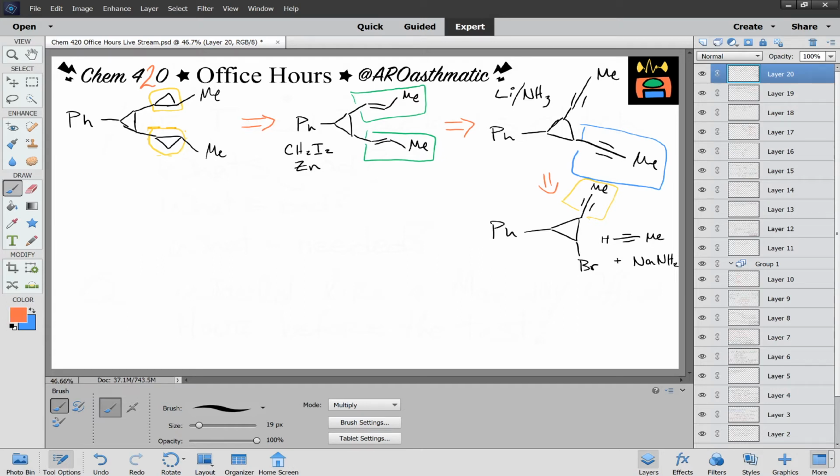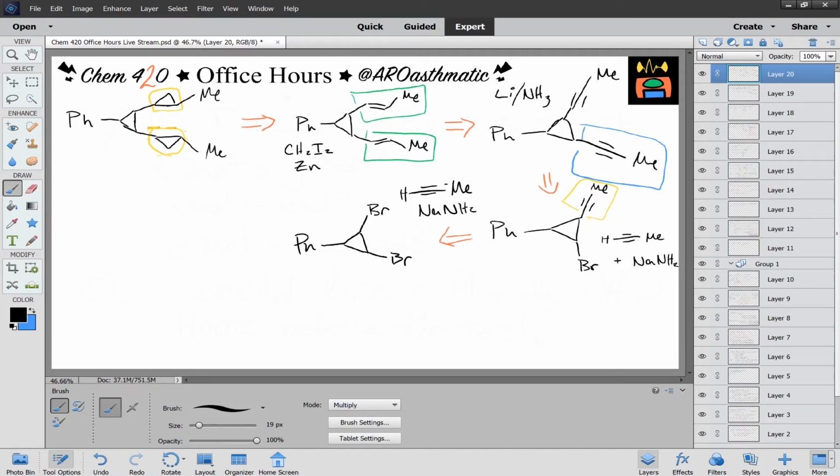If we could make this from the following cyclopropane, and the terminal alkyne, if we treated the terminal, whoops, why am I putting a bromine there? If we treated the terminal alkyne with sodium amide.